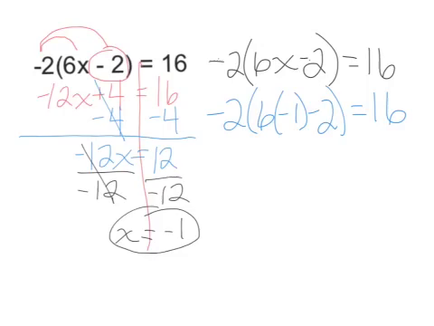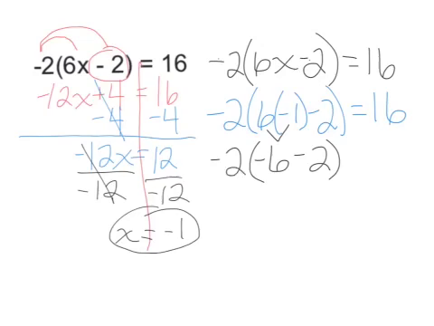Again, our order of operations says we have to do what's inside the parentheses first. And within that, we have to multiply. So 6 times negative 1 is negative 6. And then we just keep the minus 2 on the inside of the parentheses.